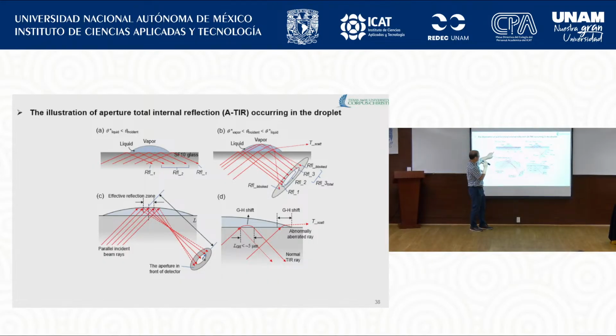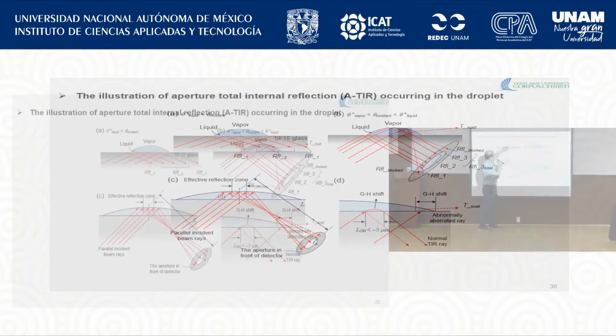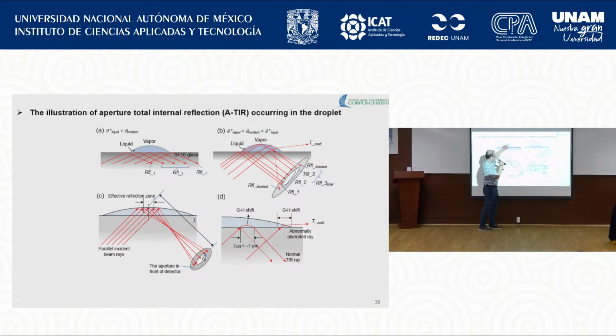One is glass-air interface, and the other one is glass-droplet interface refraction, and the third one is the refraction from the droplet and the air interface. We categorize refraction into 3 categories.